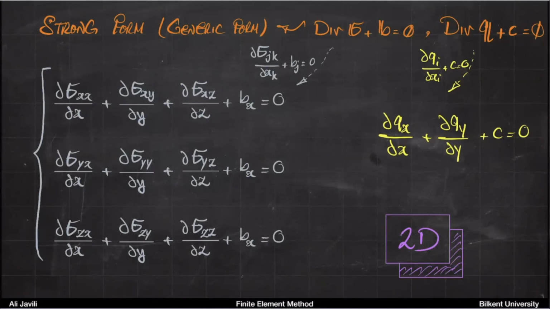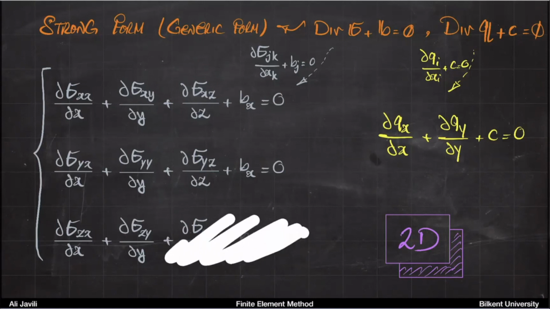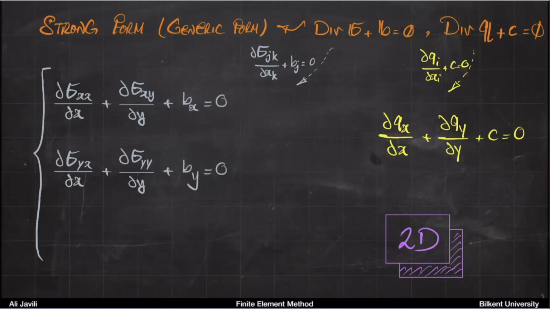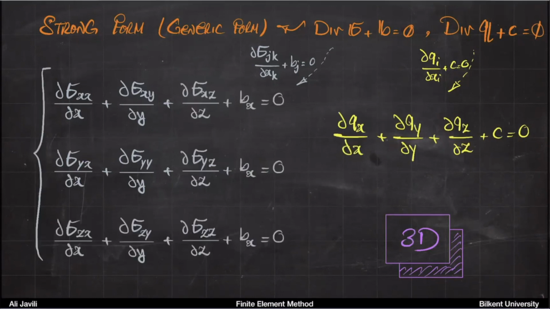So that would be now a 2D version of the heat flux equation. And then for the mechanical problem, you would do the same thing. So the third one goes away. And then this third derivative also here goes away. And I also notice this should be by, obviously. Okay, so how you see how everything simplifies if it is 2D.